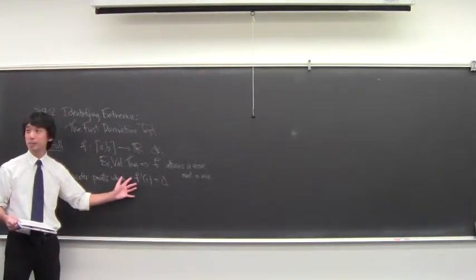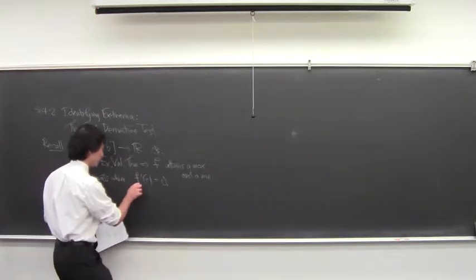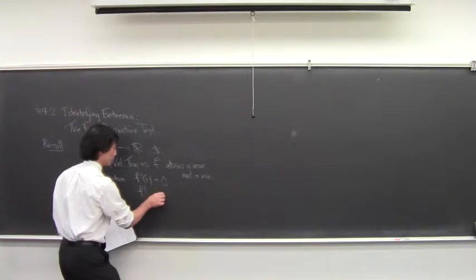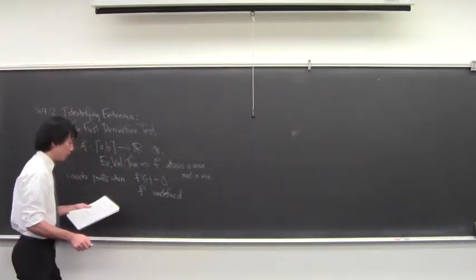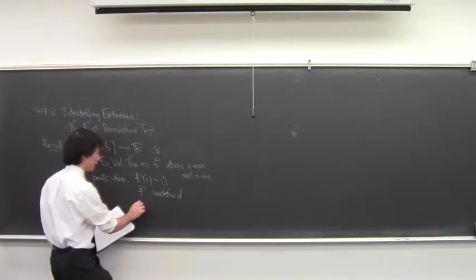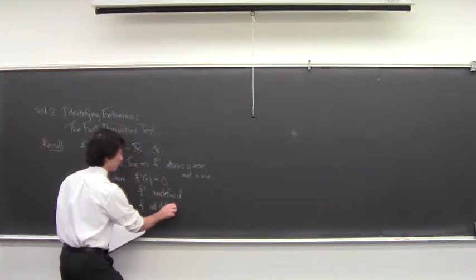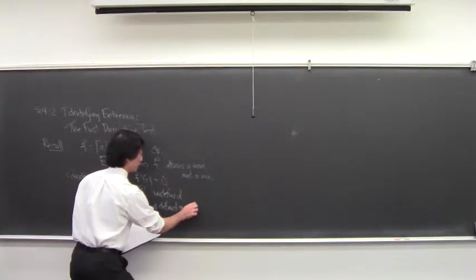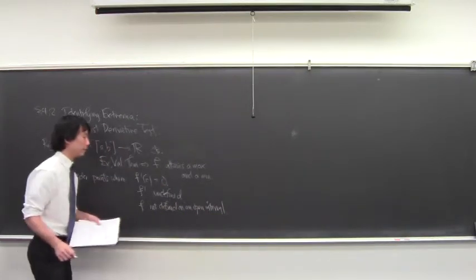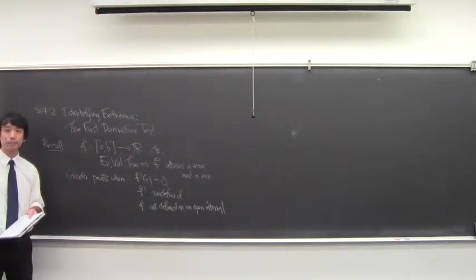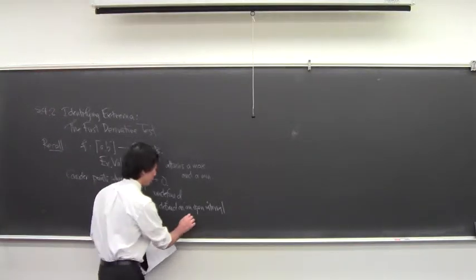What other points do we consider? Right, the derivative is undefined. Derivative undefined. Or places where f was not defined on an open interval around that point.